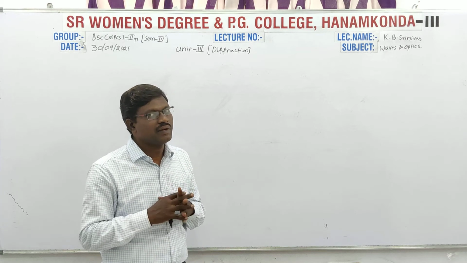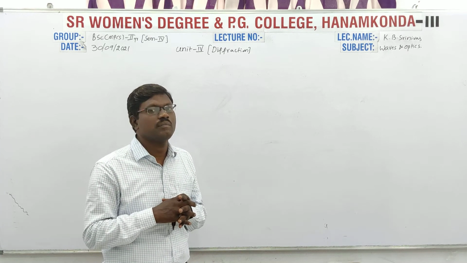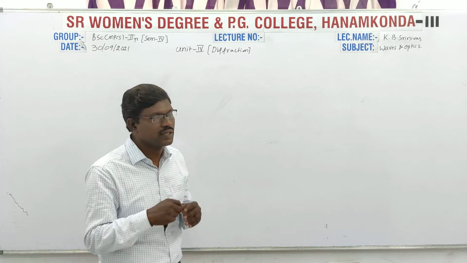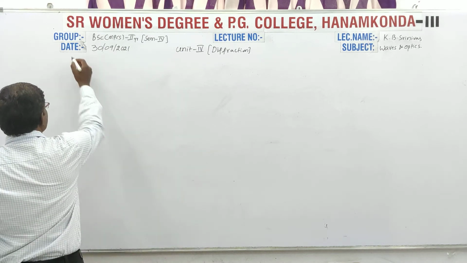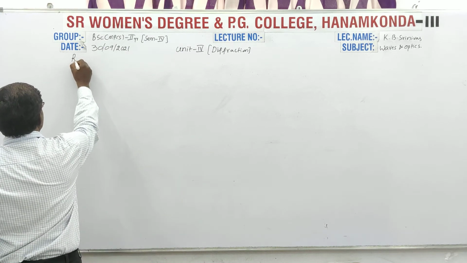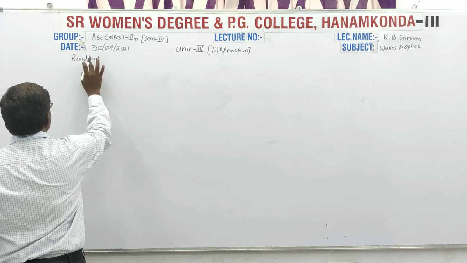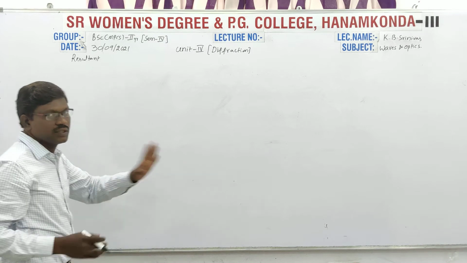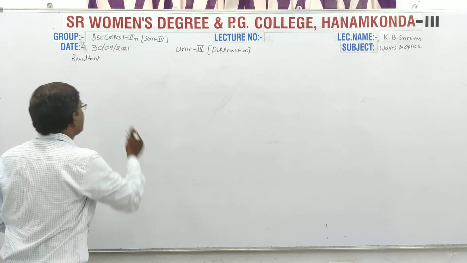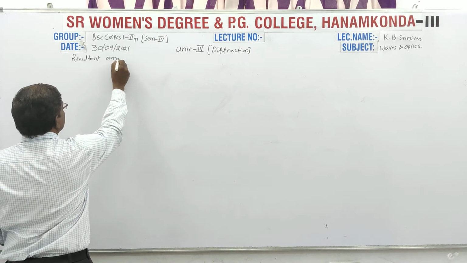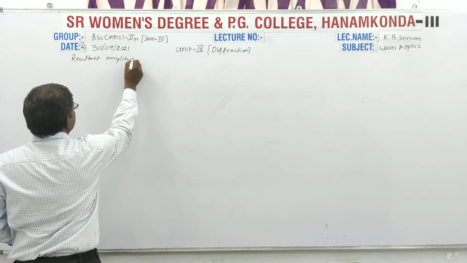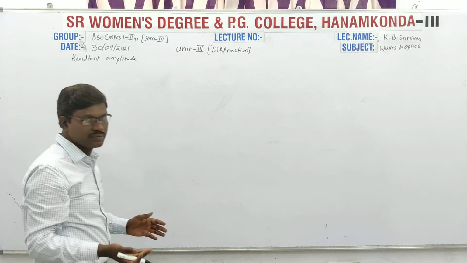The resultant amplitude of the particle due to those waves can be calculated by this formula. This is a very important formula, which I am going to use during this derivation. Resultant amplitude due to n waves.